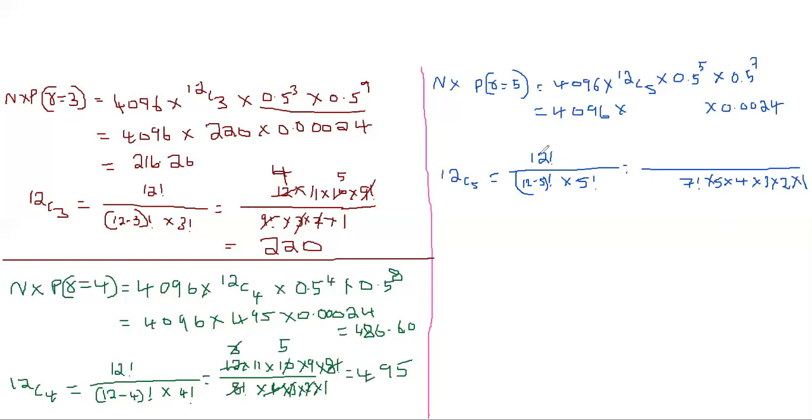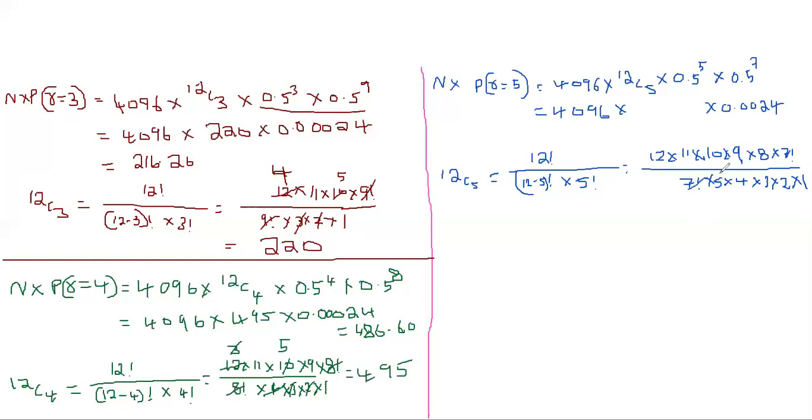So this 12 factorial up to 7 factorial: 12 into 11 into 10 into 9 into 8 into 7 factorial. 7 factorial will be cancelled.